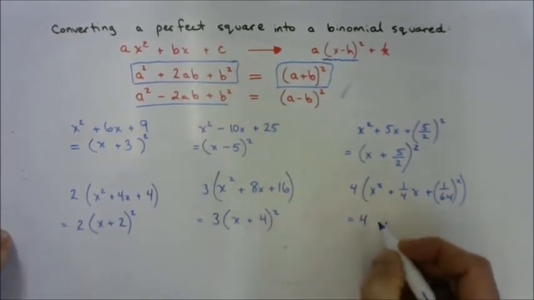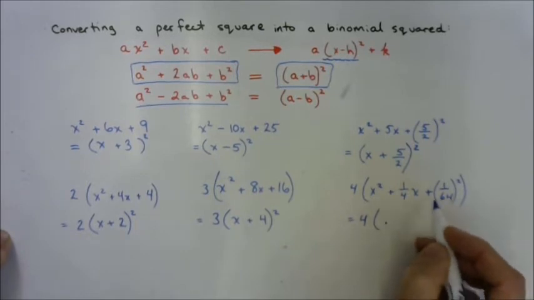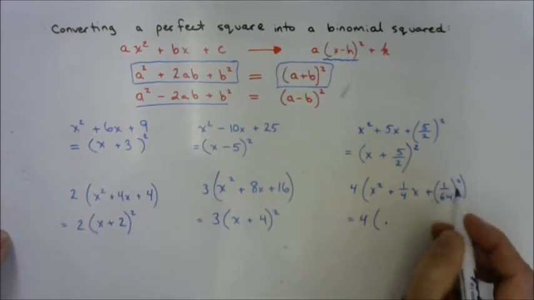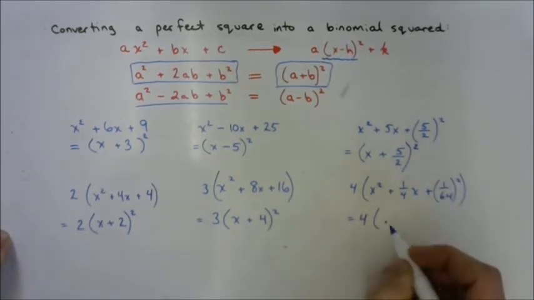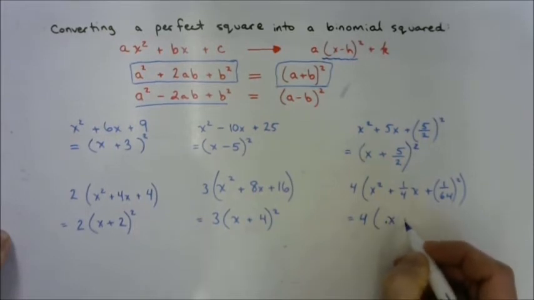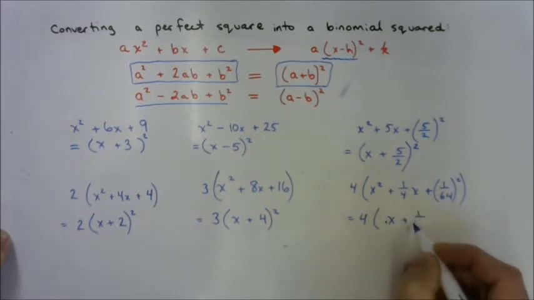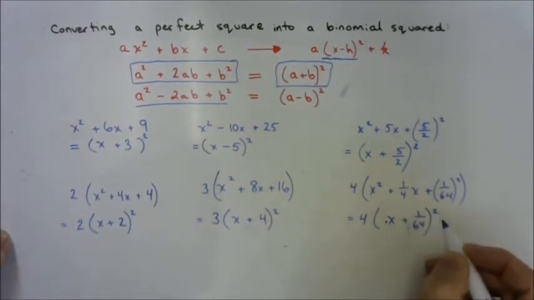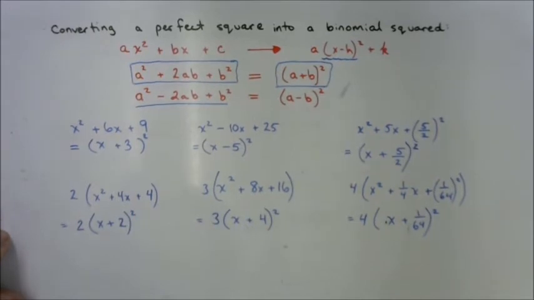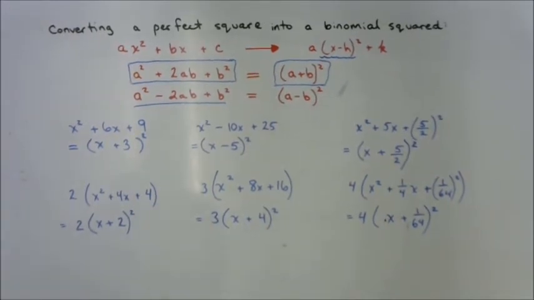And my last one, again, it's a big ugly fraction, so I left it 1 over 64 squared. And that becomes 1x plus 1 over 64, close bracket, squared. There you have it, going from a perfect square trinomial to a binomial squared.